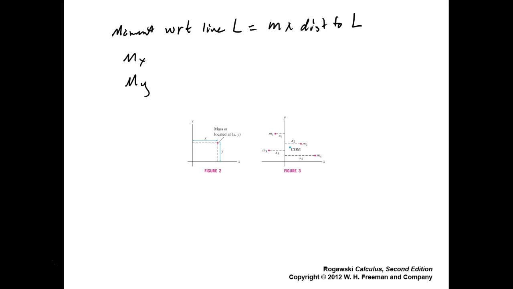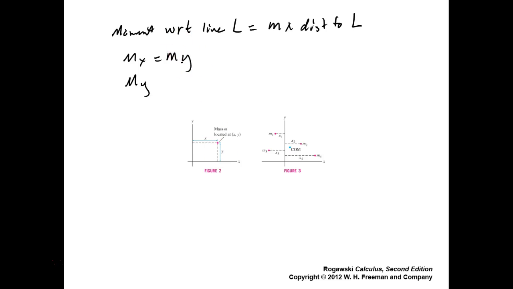So, if you have a point right there with a mass m, then its moment with respect to the x-axis is the mass times the distance to the x-axis. But guess what? The distance to the x-axis from this point here is your y value.